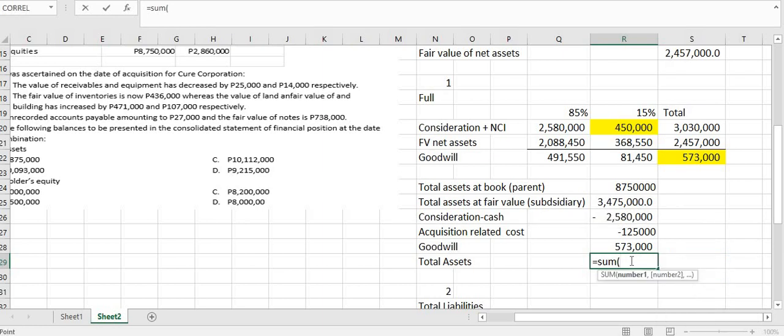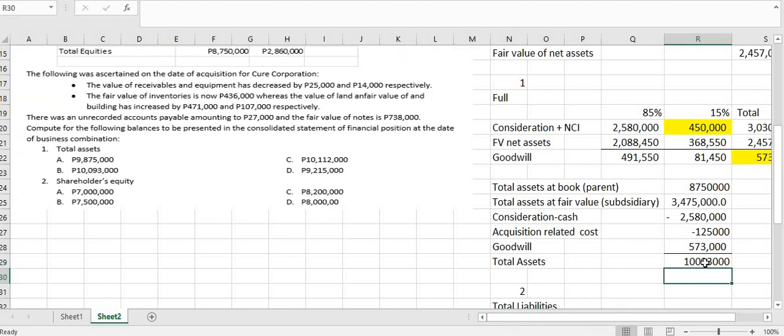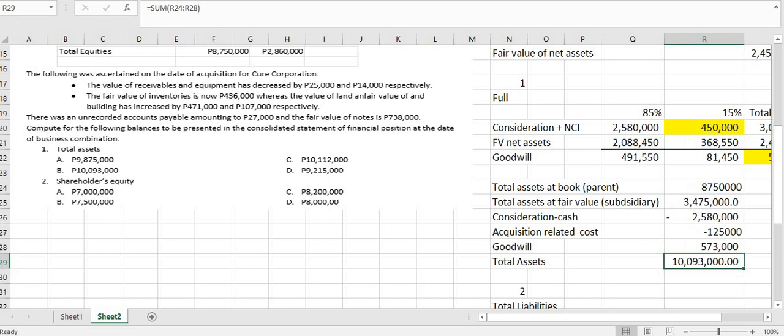So our total assets is 10,093,000. That's our total assets. It's actually letter E.